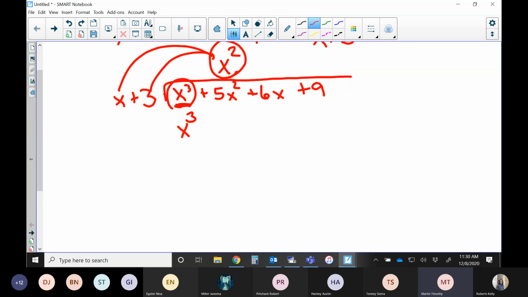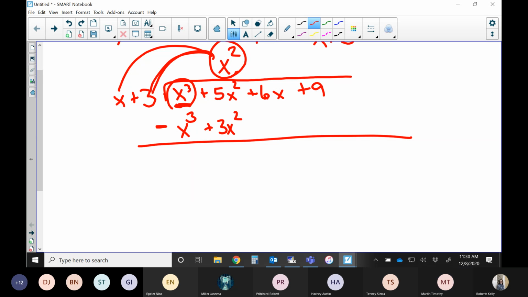What is x squared times 3? 3x squared. Notice I put it under the place value it belonged to. And then last time, what did we do with our long division? What did we do with those numbers? We subtracted them, yes? Yeah.